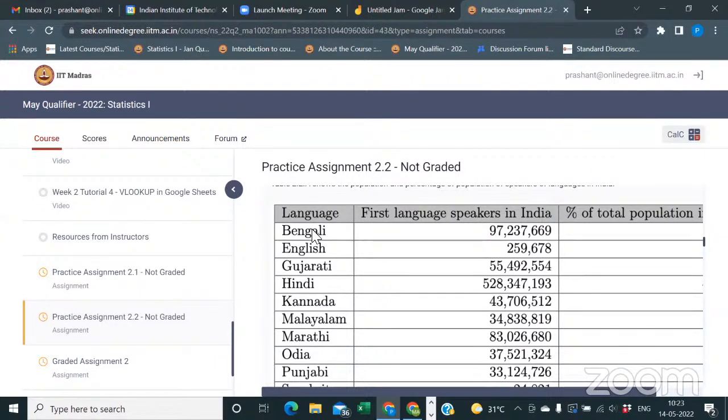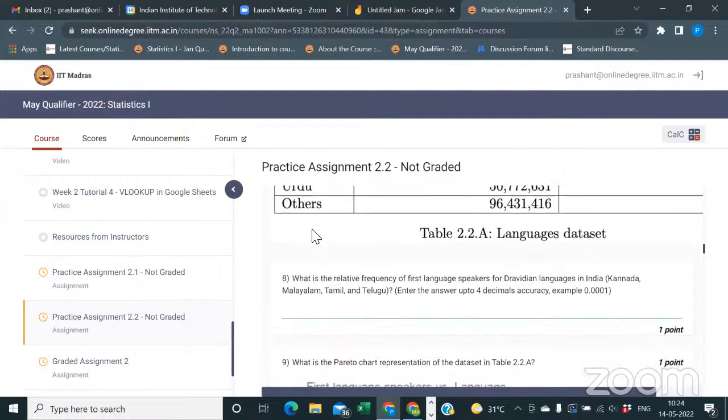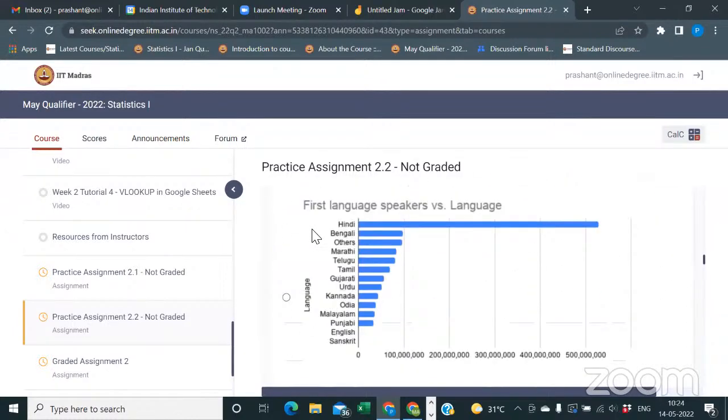You have collected the data for language; you did not first collect the data for population and then calculate how many persons. That's why you cannot arrange the languages.